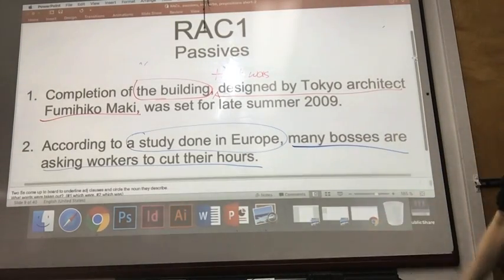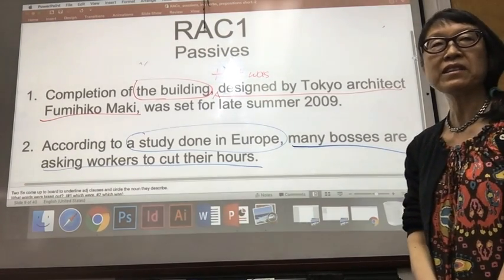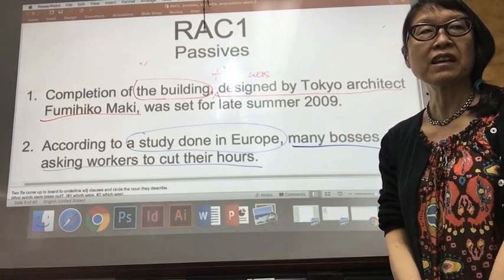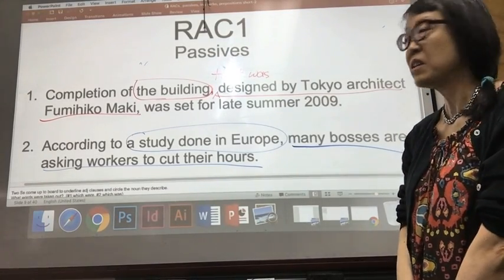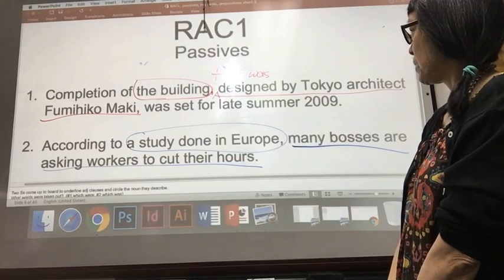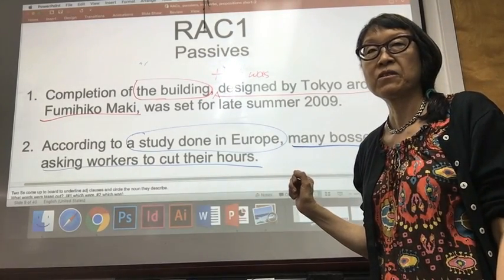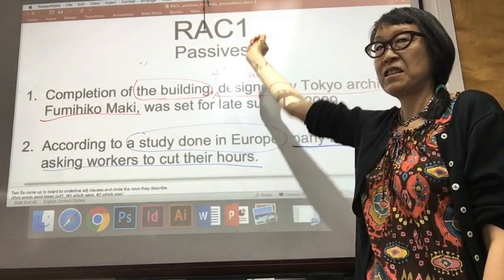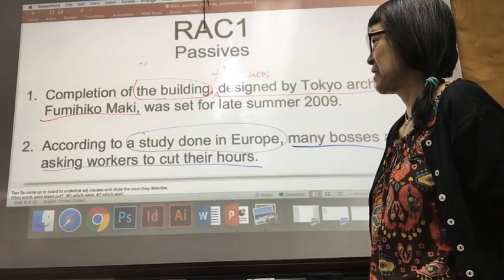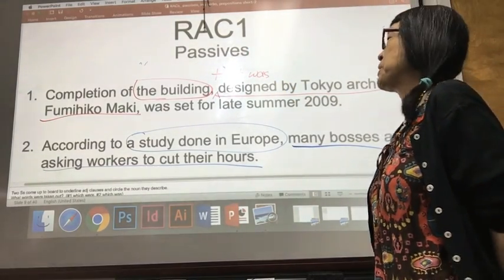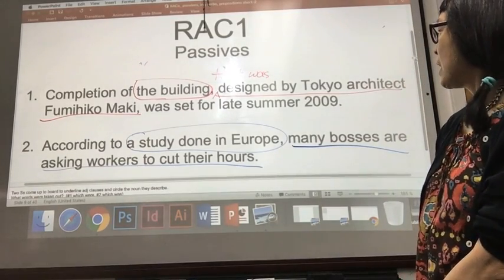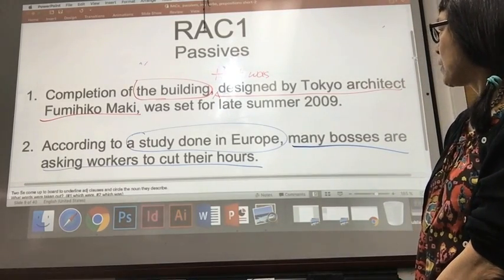All right, now let's look at number two. Any ideas about this? Yeah, Kai. I think that done in Europe. Done. Okay, so you think done in Europe is what? Reduced adjective clause. Okay, you think that's the RAC. All right, and what noun do you think?